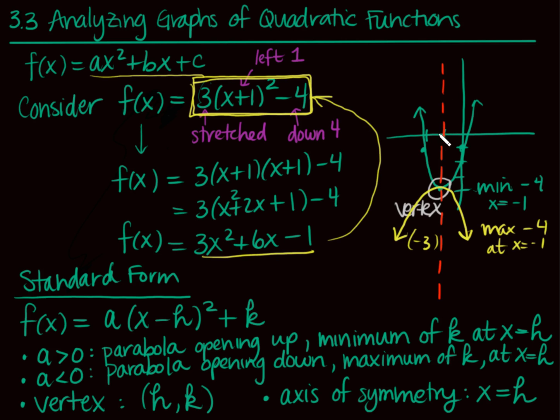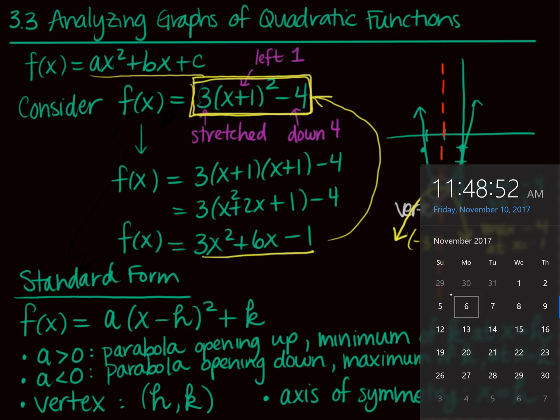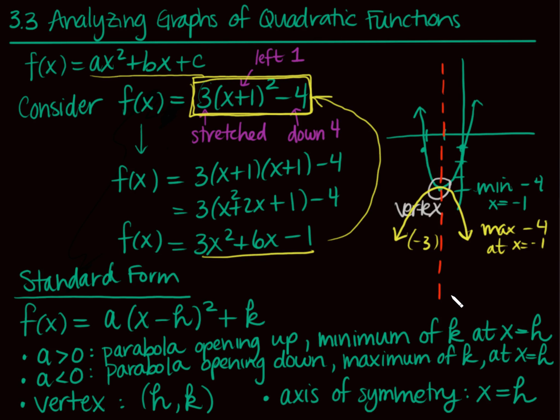All right, so if I put in this dotted red line, why we call this the axis of symmetry is because this parabola right here has symmetry about that axis. So we talked about symmetry a little bit. If I could fold my computer, I'm not going to try, over on that red line right there, then this parabola would match up, okay?